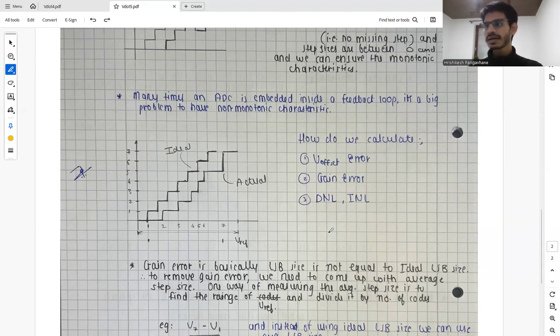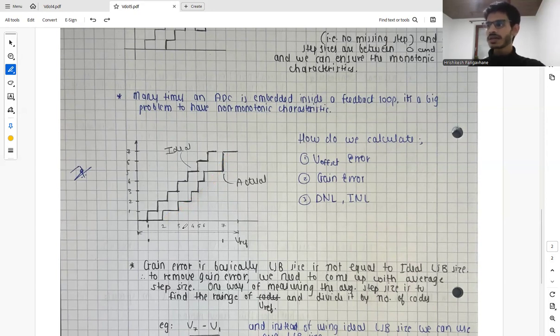To remove the gain error, we need to come up with an average step size. These are our steps, and for all these steps the average step size would be the ideal LSB. But in the non-ideal case, the LSB size is not equal to the ideal LSB size. So we need to come up with the average step size.